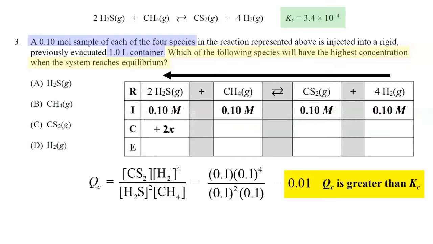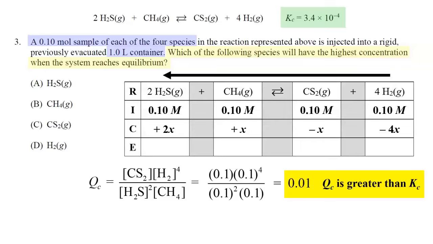But since there's going to be a net conversion from products to reactants or from right to left, I have plus 2x, plus x, and then minus x, and minus 4x. Again, because there's going to be a net conversion from products to reactants in order to reach equilibrium.